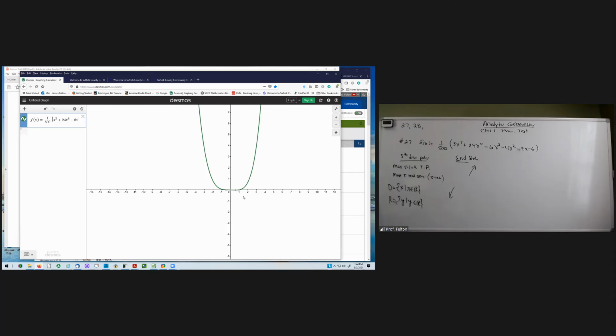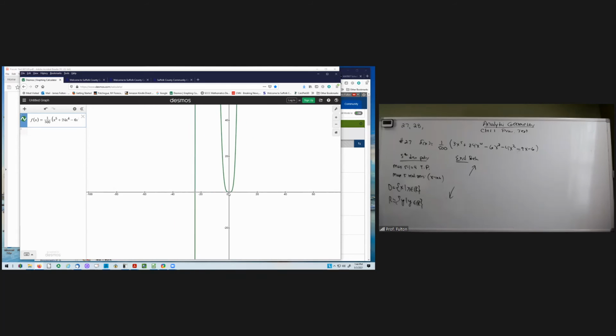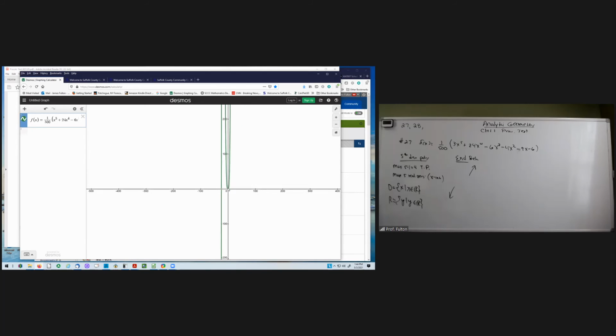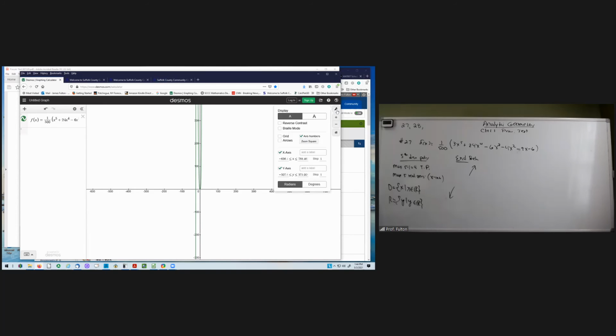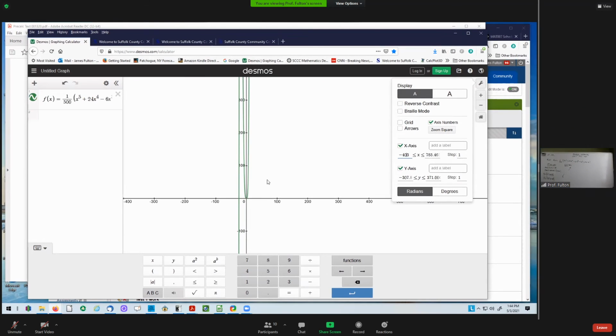Now, if I look at this, I have to really zoom out to start to see this behavior. You kind of see I really have to go way out here. I don't have to go too far out here. I just need to go further out in this range over here. So let me just use my settings over here. I'm going to go from, say, minus 40 up to over here.